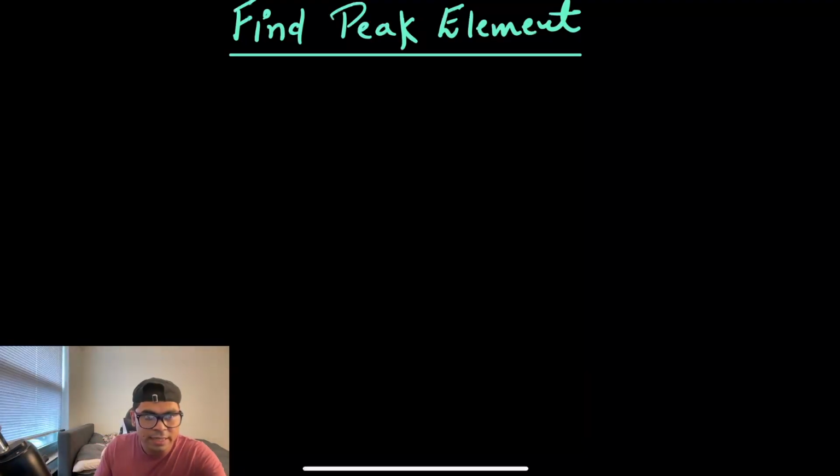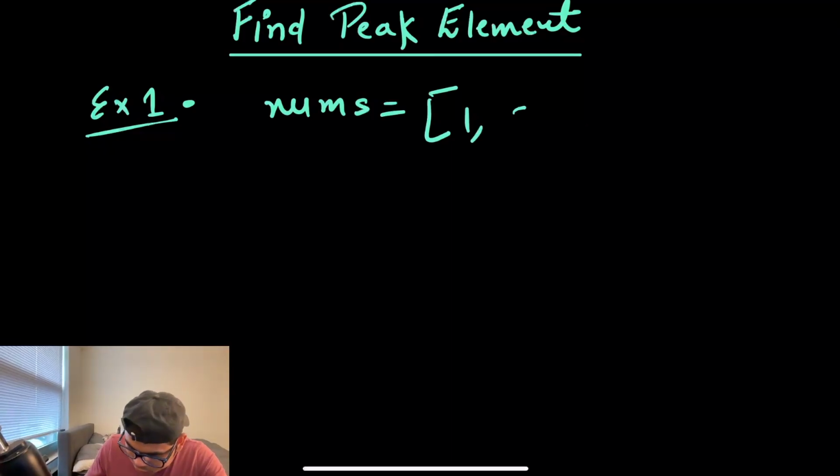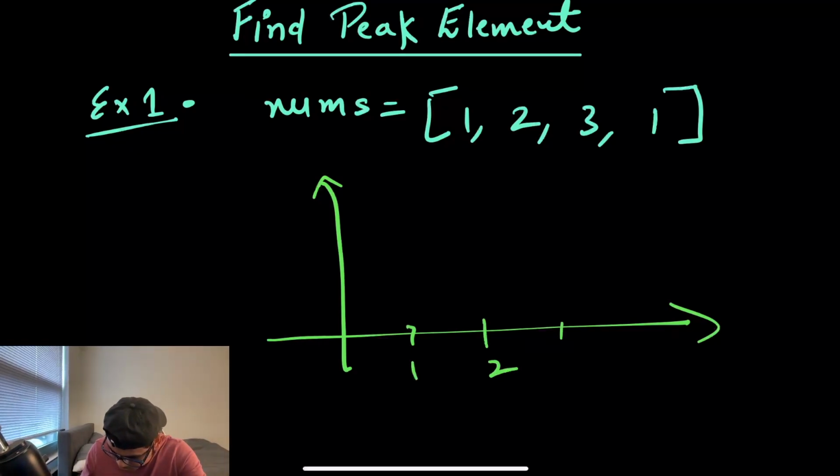For example, let's take the first example, which is when we have our nums array as 1, 2, 3 and 1. Let's imagine this on a number scale. We got 1, 2, 3 and 4, and let's say this represents the height.